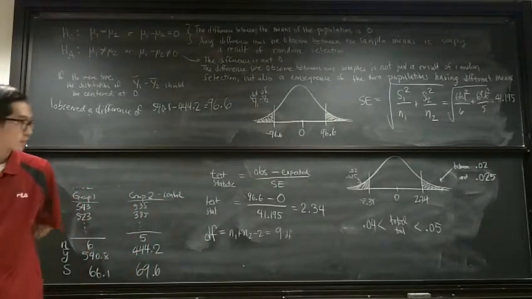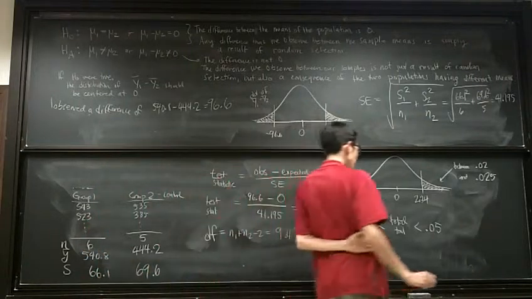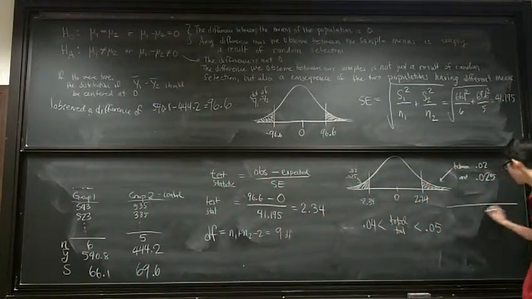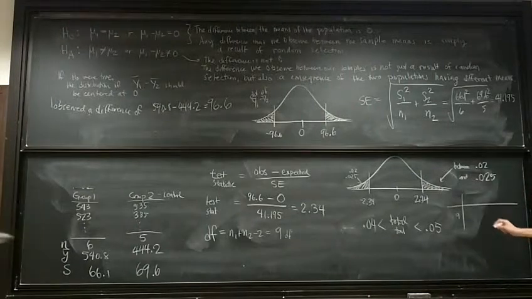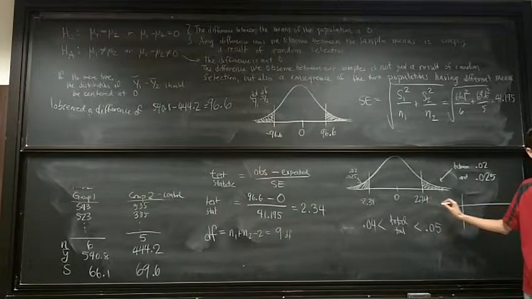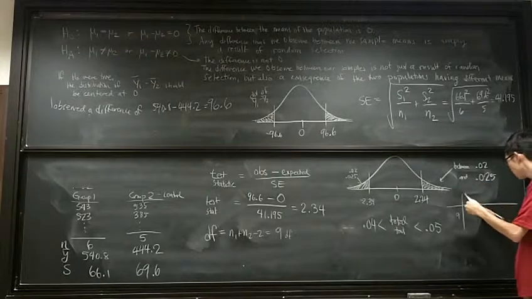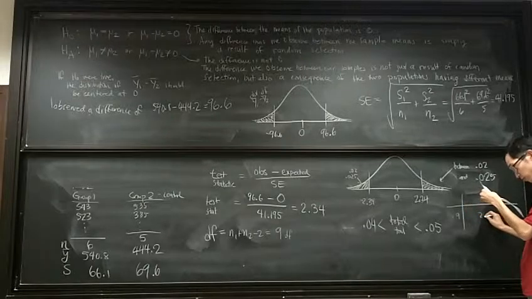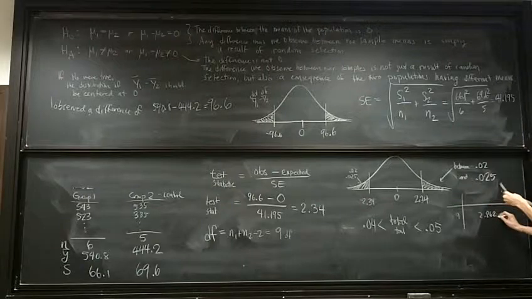Yes? Could you repeat how you got 0.02 and 0.025? Okay, so when you look in your t-table, go to the row for 9 degrees of freedom, and we're looking for 2.34. Now we don't see exactly 2.34. What we see are 2.262, I think, and 2.398.